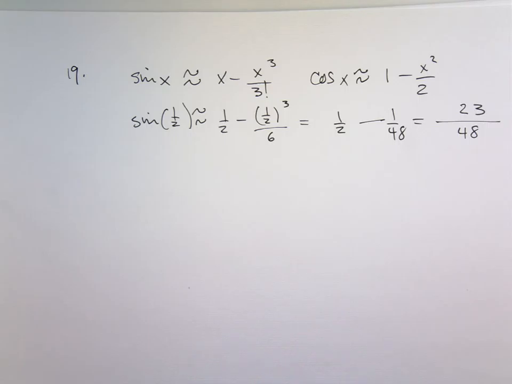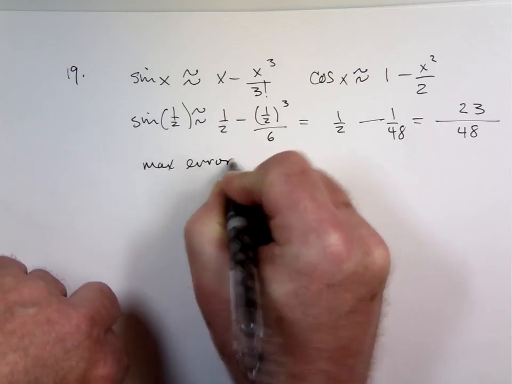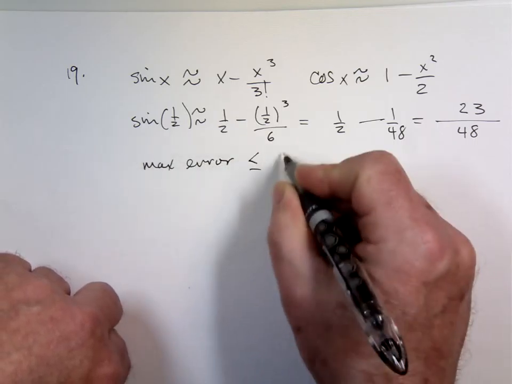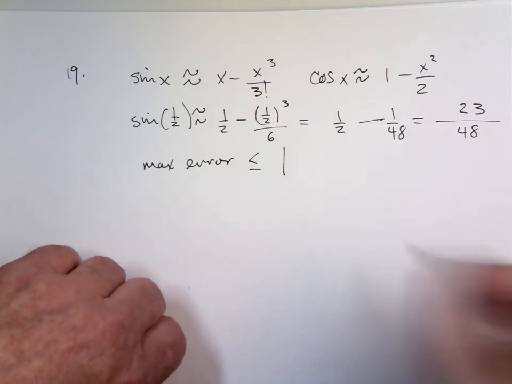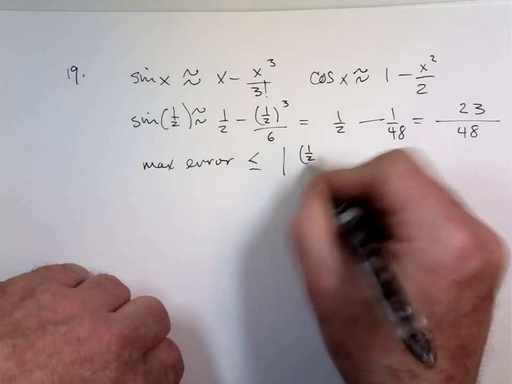Now, what kind of error do we have? The error is less than or equal to the absolute value of the next term. What is the next term? The next term is 1/2 to the 5th over 5 factorial.